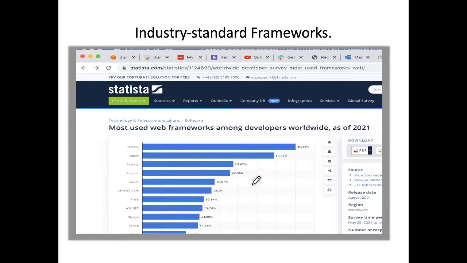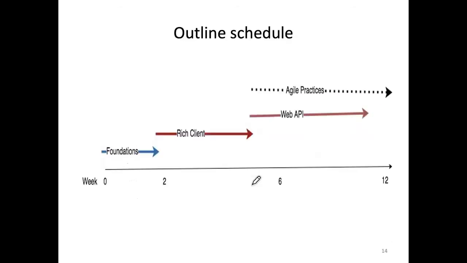But what it is telling us, and I think it's the first year that React has become top of the list. It was second for quite a while. jQuery was number one. So React is the most popular web framework being used in industry, and you can see Express is quite high up there as well. So that's by way of justification, if you like, for choosing the stack that we are going to use.